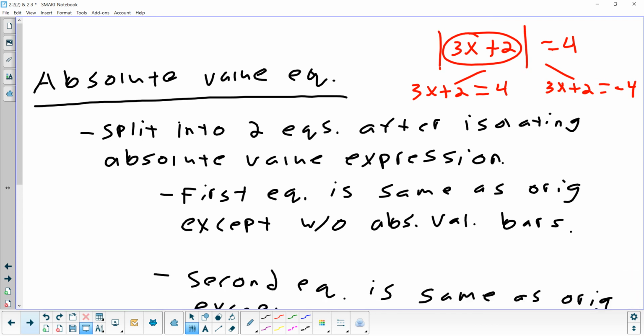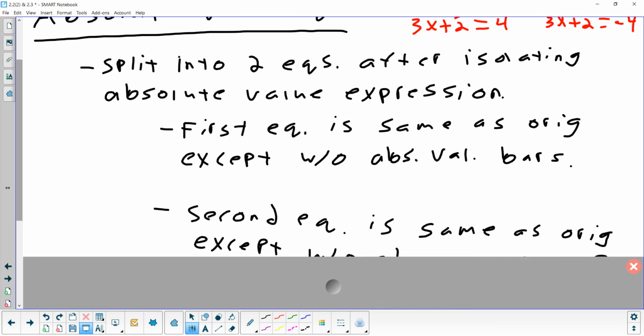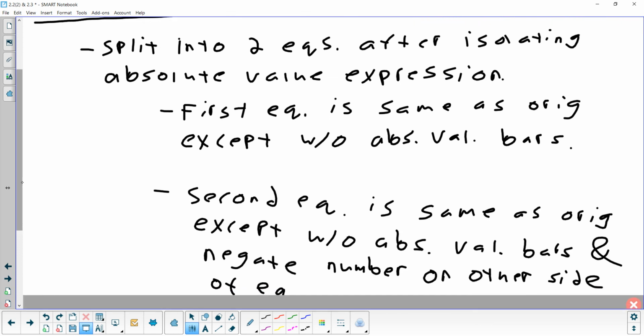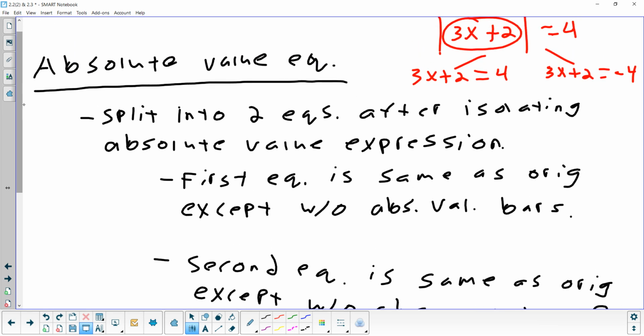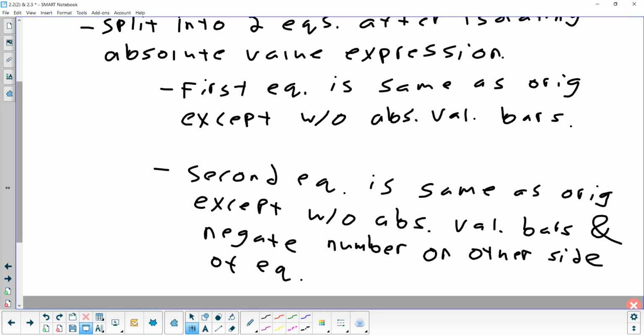Now, the second equation is very similar to the first one, except we have to change the sign of the number on the other side. So the second equation is the same as the original, without the bars, and we negate the number on the other side. That means change the sign.